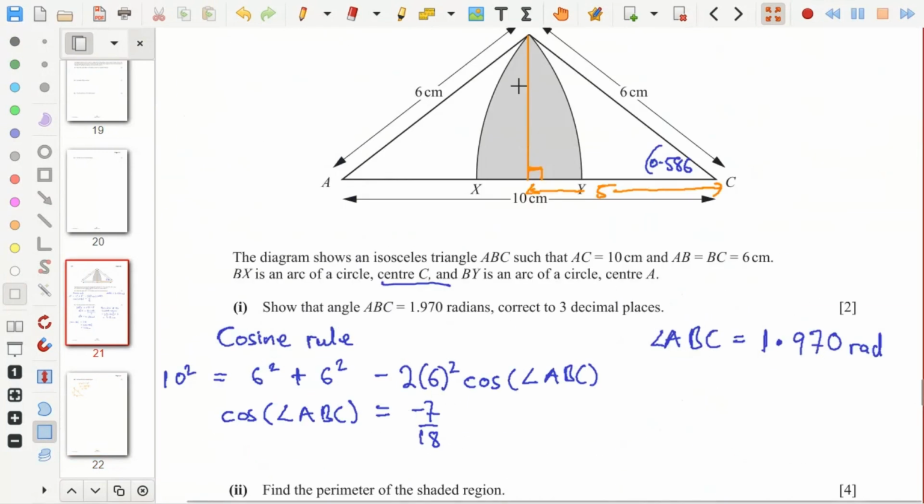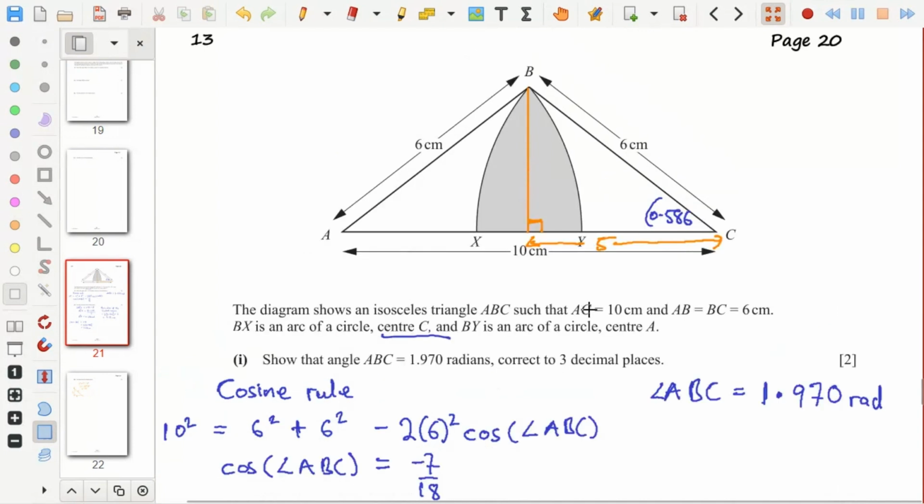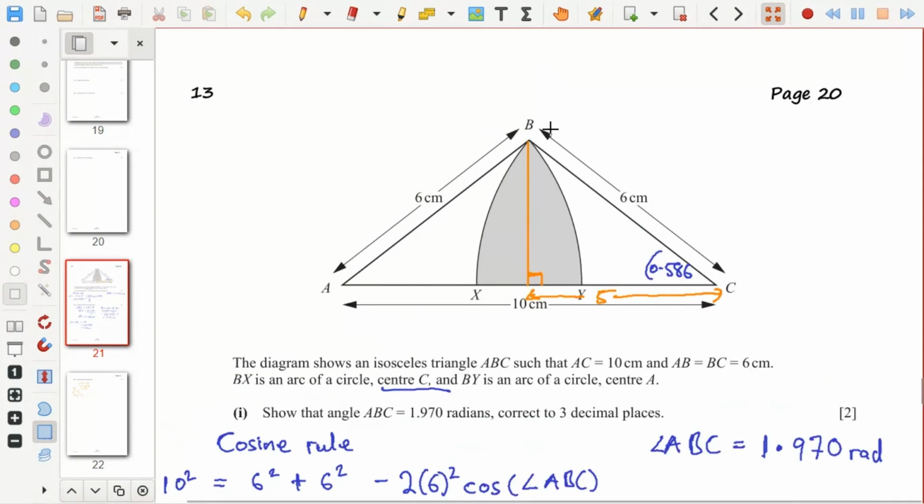So I know the height of the triangle. Okay, now if I know that, I can find the area of the whole triangle here. See, I can connect this side. I can connect this and that. This is the triangle I'm talking about.